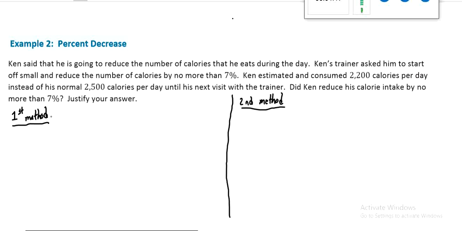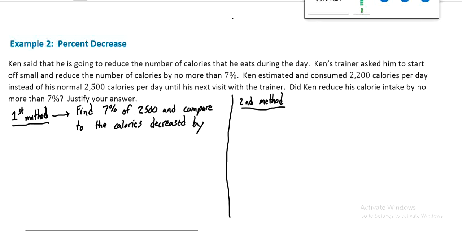So the first method is when we find 7% of 2,500 and compare it to the calories that we decreased by. So let's go ahead and do that. We're going to use that percent equation that we've done before. We have quantity, because now we're talking about adding or subtracting a quantity, equals the percent as a decimal, times the original whole.